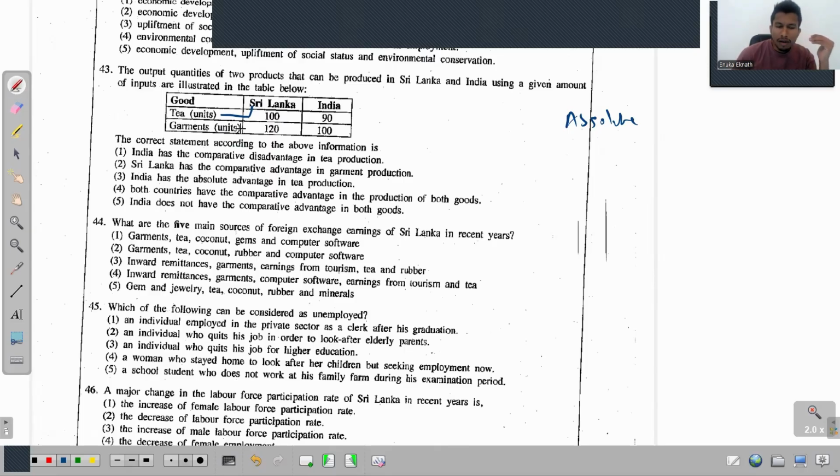And then when it comes to garments, again Sri Lanka can produce more garments than India. So Sri Lanka has the absolute advantage for both tea and garments. Right. And now let me write. Sri Lanka has the absolute advantage for both goods, tea and garments.